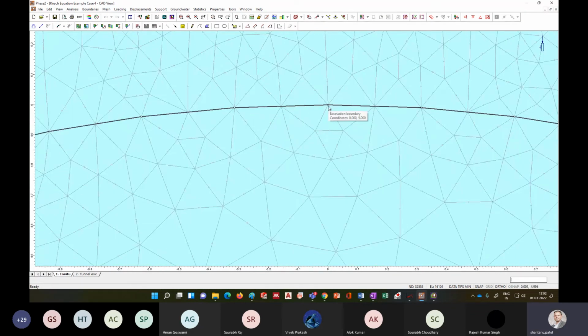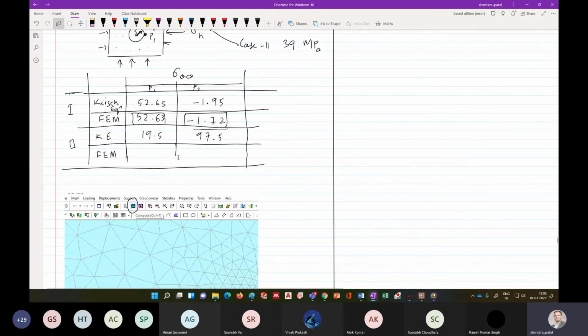This is a top point, and you can see this point and this point, which is more than 150 or 158 centimeters. So if you make this finer and finer, the FEM result will be close to that stress concentration.